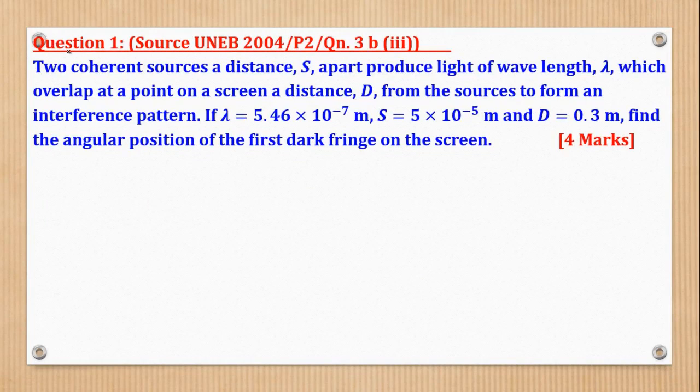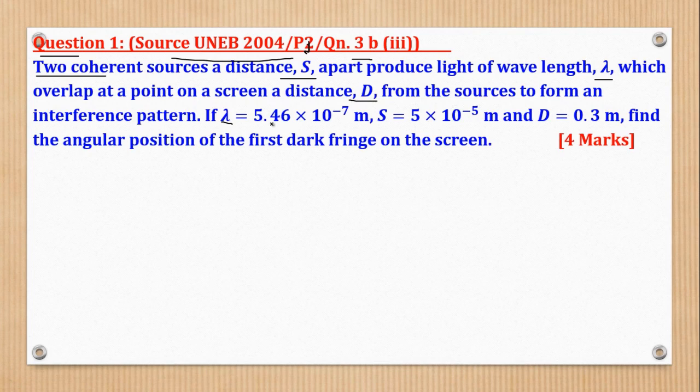So that we shall go through some of the questions. So question 1 came from UACE 2004 paper 2 question 3b, and it says two coherent sources at distance S apart. So what we used as small d is now capital S. S apart produce light of wavelength lambda, which overlap at a point on a screen at distance capital D from the sources to form an interference pattern.